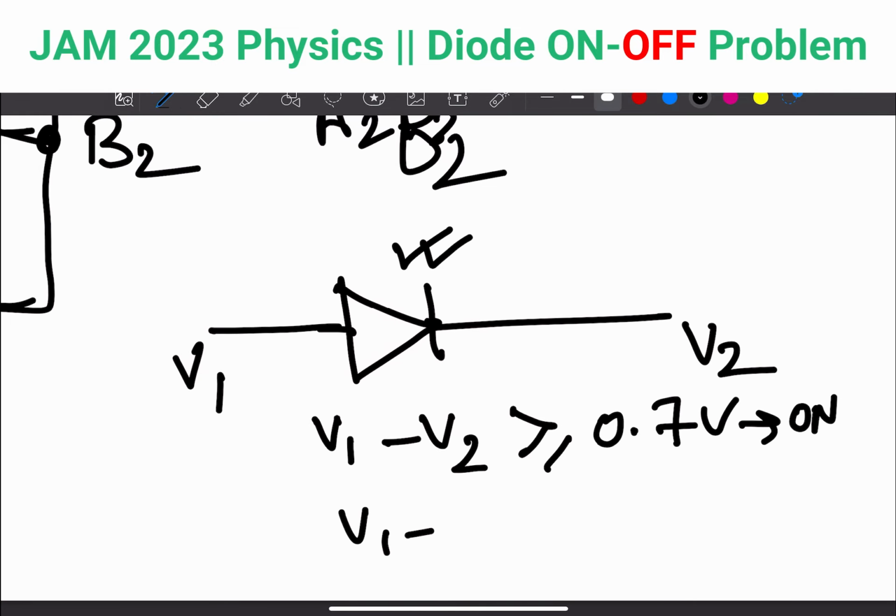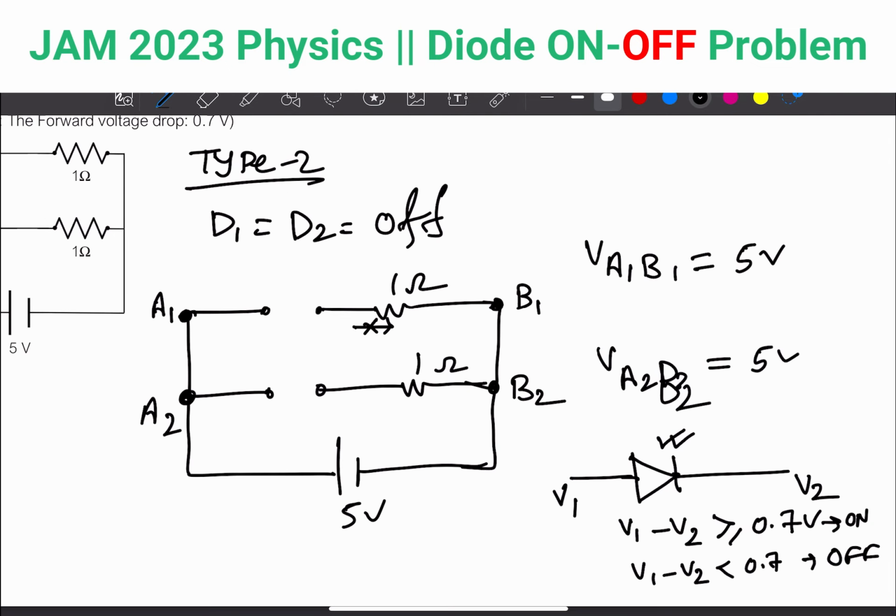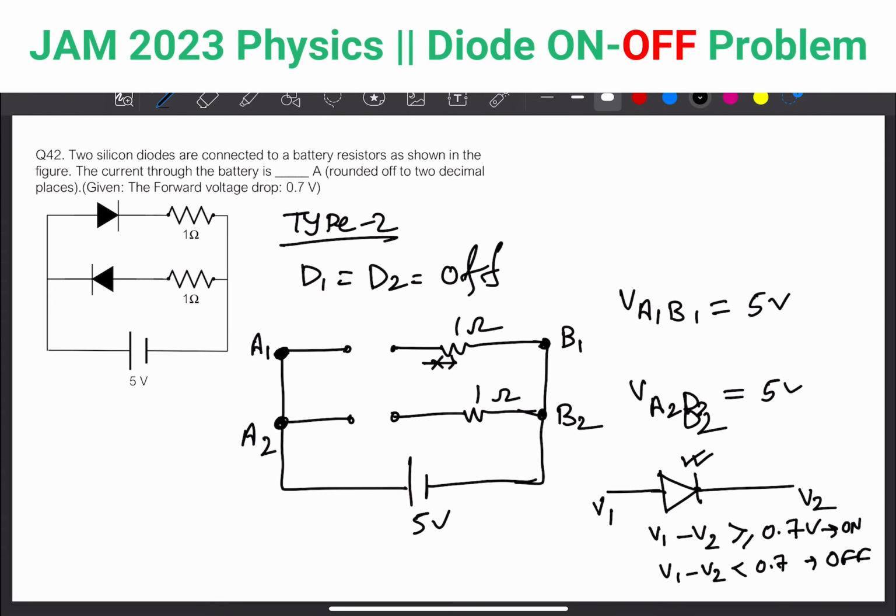And if V1 minus V2 is less than 0.7, then the diode will be off. Now in this one, what is the voltage drop? 5 volt, a positive voltage drop. So here V1 minus V2 is equal to VA1B1, which is 5 volt. That means D1 is on.